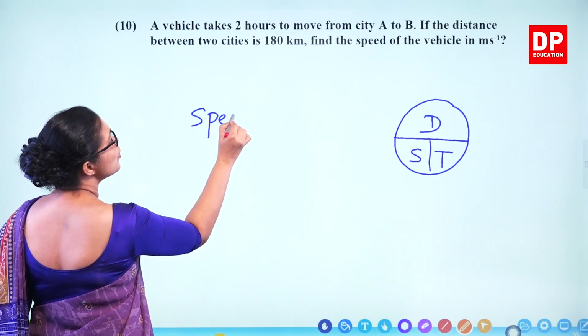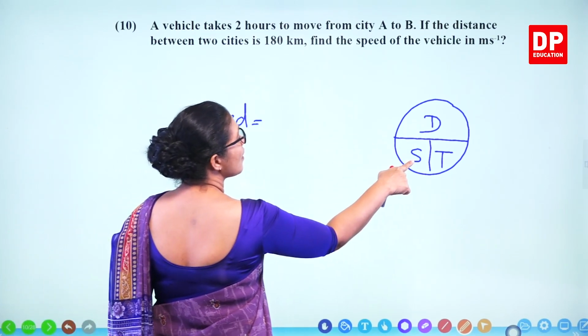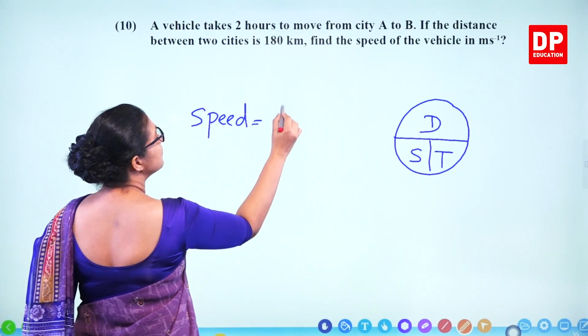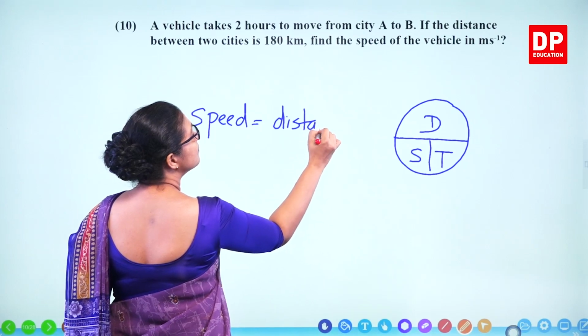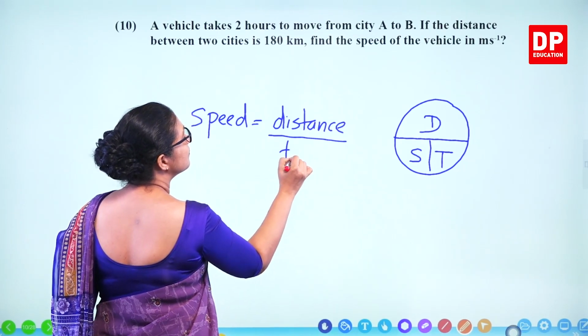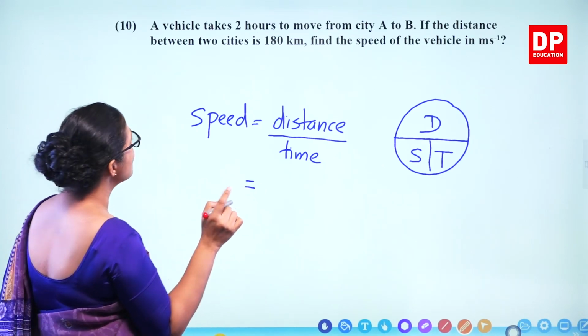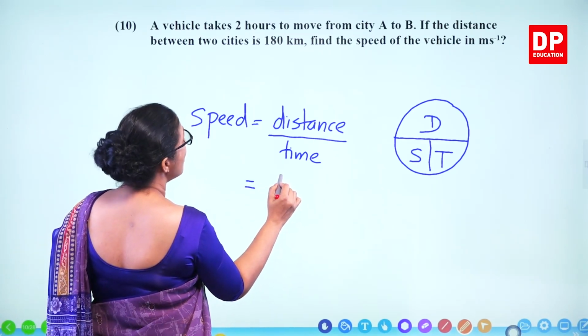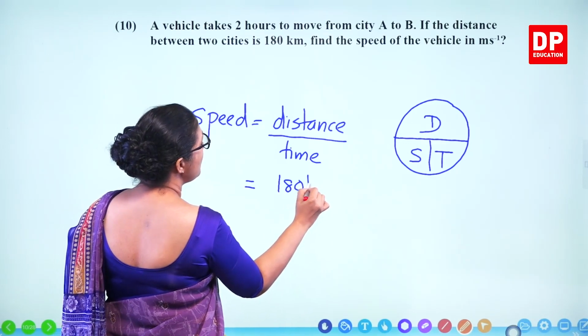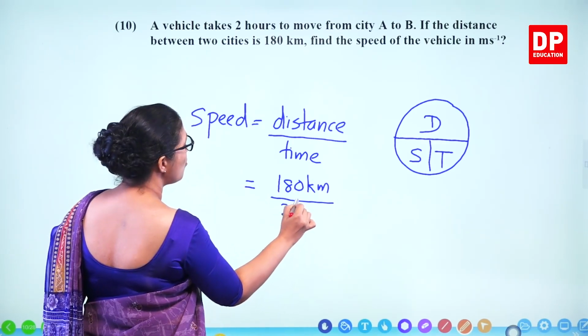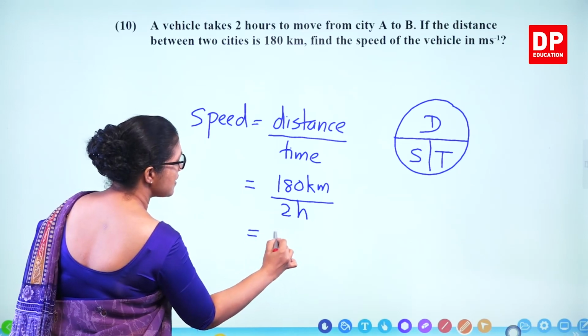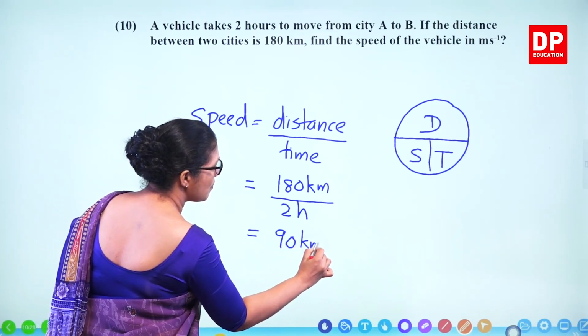Speed is equal to distance over time. Time is given in hours. So we can first find out 180 kilometers traveled within 2 hours. So here that's 90 kilometers per hour.